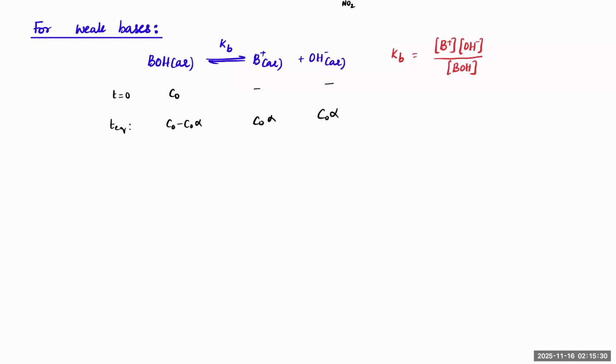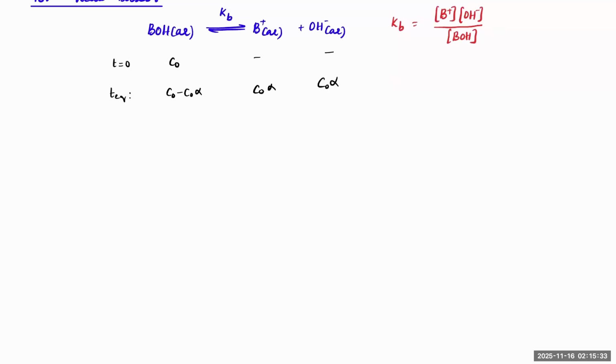Okay, so which gives us Kb value will be equal to C naught alpha whole square divided by C naught minus C naught alpha. So one C naught will get cancelled. So we'll get this as C naught alpha square by 1 minus alpha.